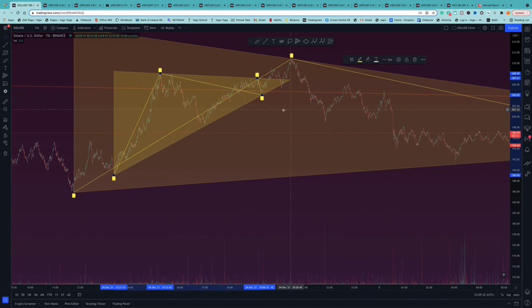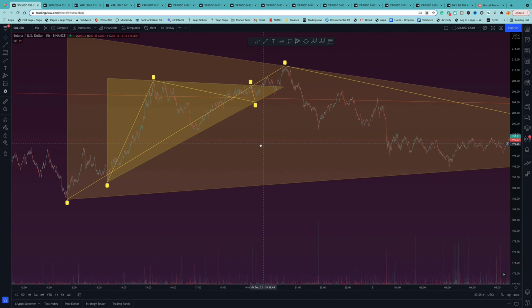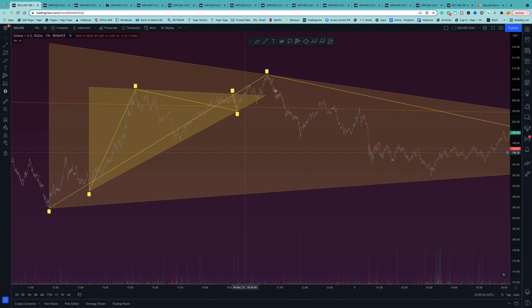Now this is the same situation. Here is an Elliott wave on the 30 seconds. It's not a mountain peak, but it's a skyline. And then here's an Elliott wave on the 15 seconds. Again, this is 1, 2, 3, 4, 5.